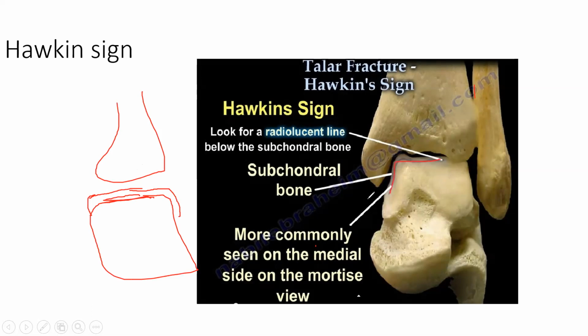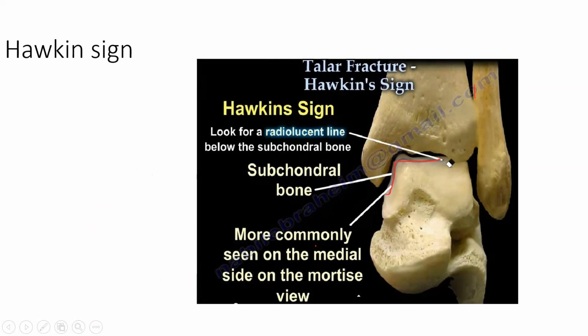You don't have to go into the details of the Hawkins sign. What is its importance? If you see this line, it denotes osteopenia. This line shows that your vascularity is retained. You are okay, you don't have to worry about AVN. If you find this line, it's a good sign.